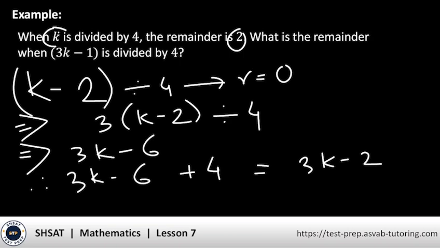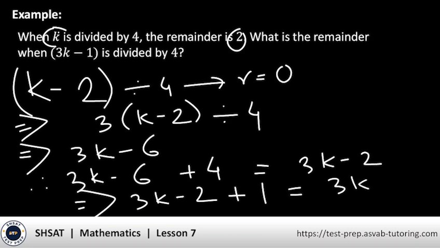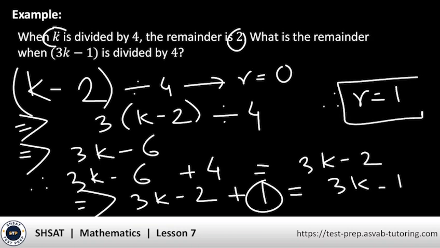So my main factor here is to convert that to 3k minus 1, right? So now if I want to convert 3k minus 2 plus 1 as divided by 4, the remainder is going to be 1. So if it's 3k minus 2 plus 1, that ends up as 3k minus 1, which gives us a remainder of 1. So my final answer to this is, it's a 1 as a remainder.